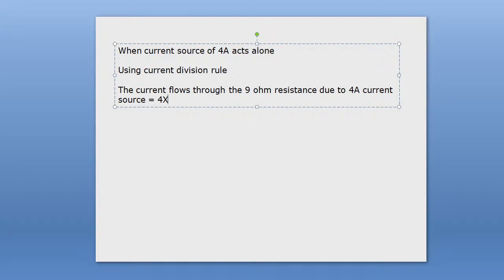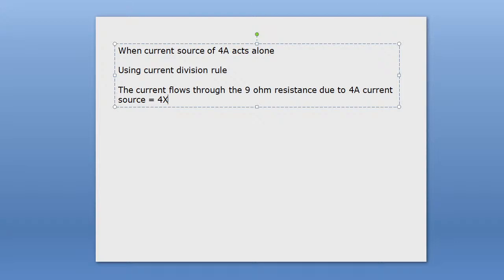Okay, so everyone tell me the value of the equivalent resistance. 6 ohm and the parallel combination of 12 and 4. Okay, 12 and 4, you tell me the value of current.